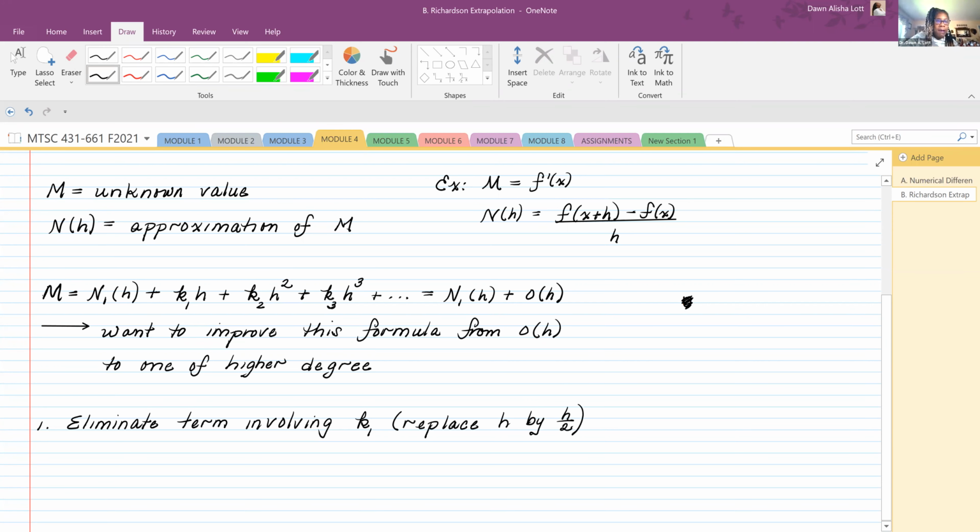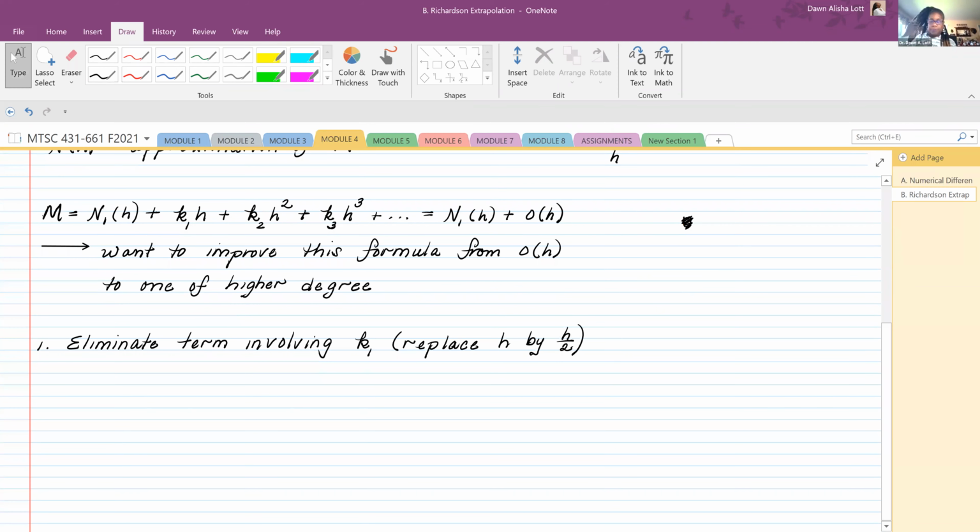Okay, so now I get M is equal to N1 of h over 2 plus K1 times h over 2 plus K2 times h over 2 squared, which gives h squared over 4, plus K3, which gives h cubed over 8, plus and so on.